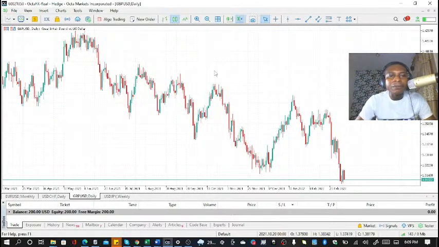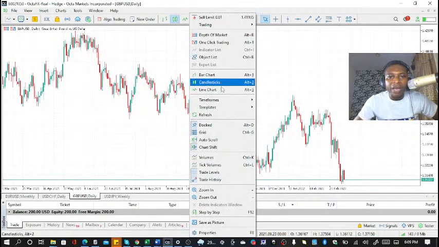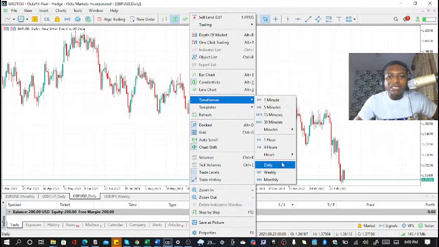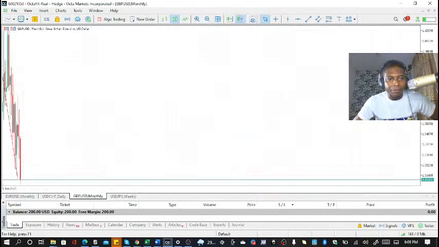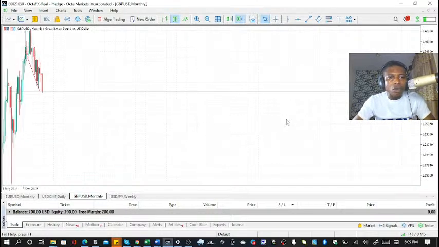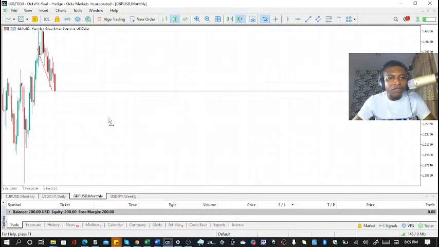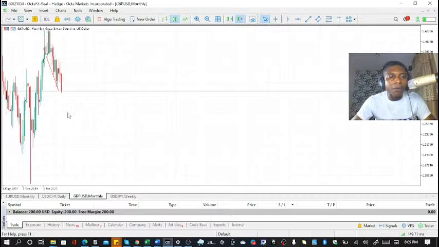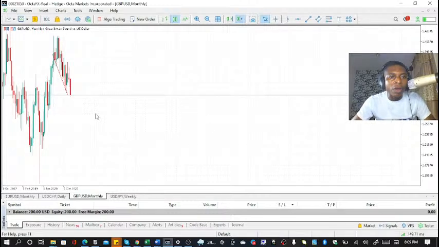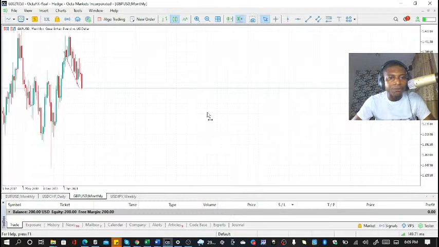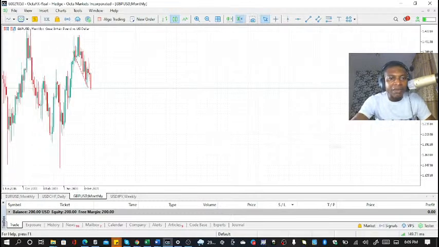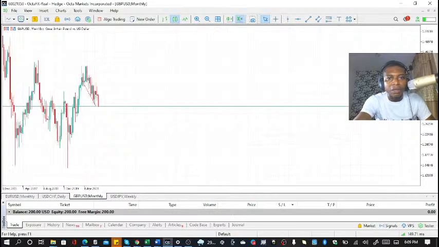Now let's have a broader view of GBP USD. So let's start with the monthly time frame. Okay, now here is the monthly time frame of the pounds USD, the pounds dollar.